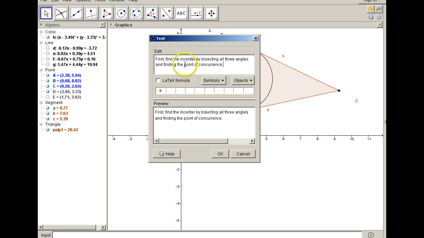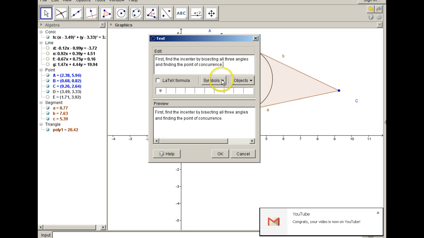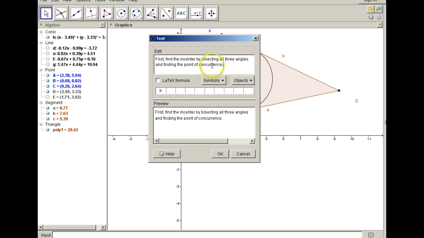So when we say finding the point of concurrence, that means the point where the three angle bisectors agree, or rather where they intersect, right? It's another fancy way of saying it. The point where they intersect is the point of concurrence. So that's our first step. What's our second step?